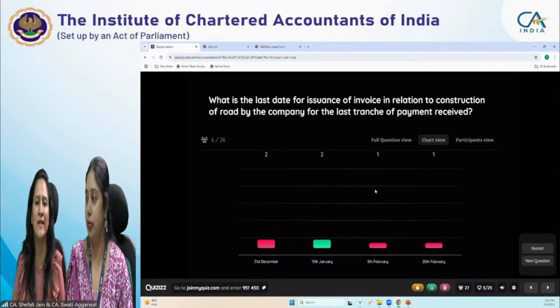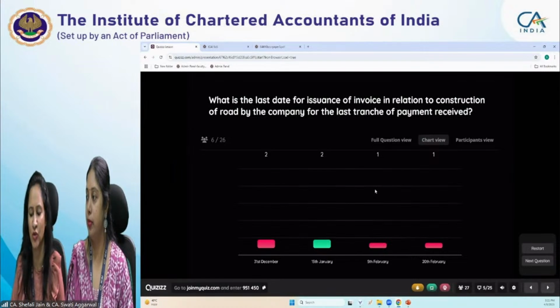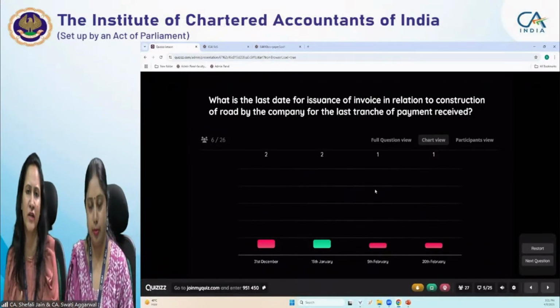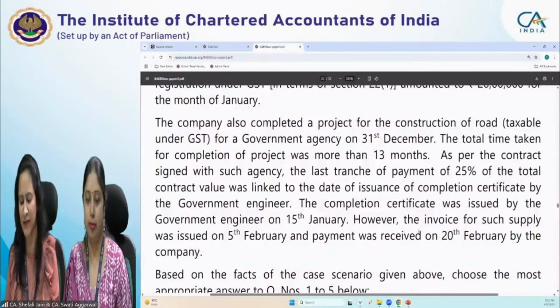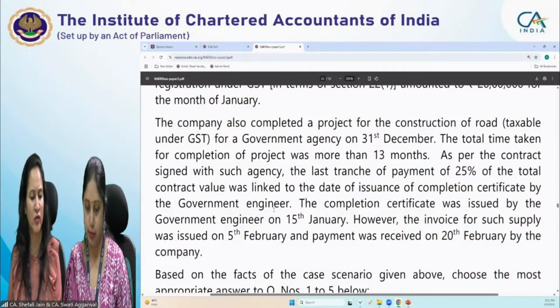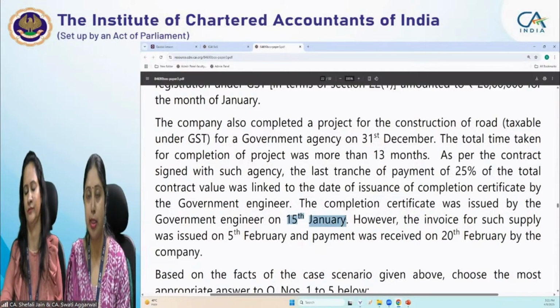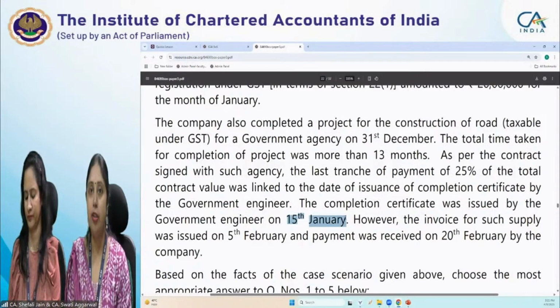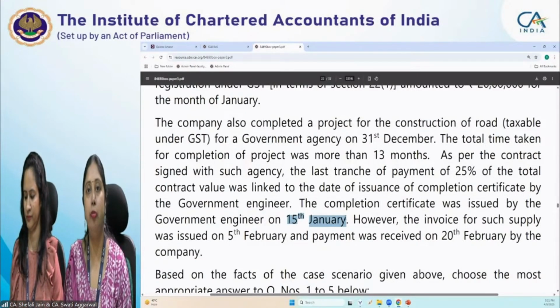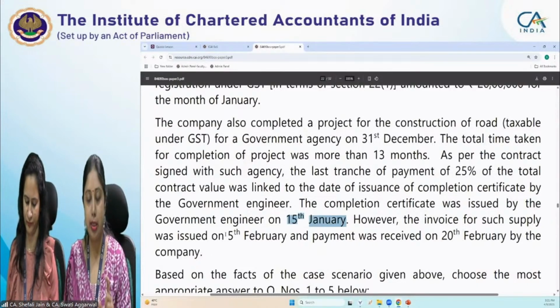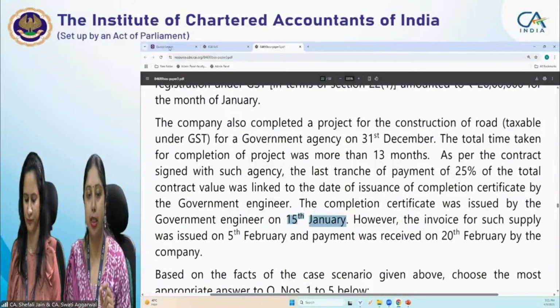In the given case, the completion of the event is the issuance of the certificate by the engineer, which takes place on January 15th. This is the reason that the last date for issuance of invoice is 15th of January. Because this was the event with which that payment was linked, that event will be the date on which the invoice should have been issued. Though the invoice has been issued on 5th February, which is not correct. Please mark this answer that 15th January is the correct answer.